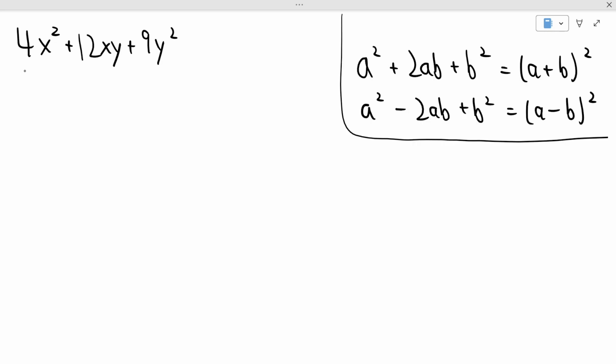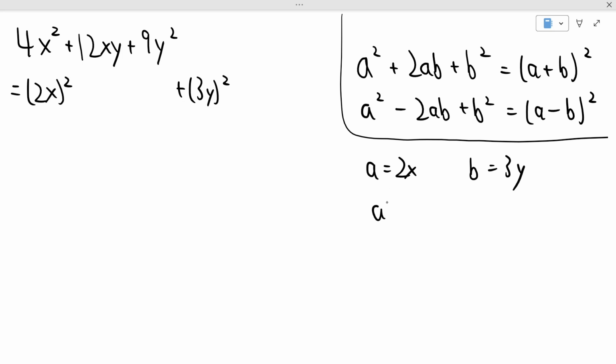We'll put the perfect square formulas at the side here to refer to them as we do these examples. If we look at our expression, we can rewrite 4x squared as (2x) squared and 9y squared as (3y) squared. So then we can set a to equal 2x and b equal 3y, which means a squared is equal to (2x) squared, and b squared would equal (3y) squared.